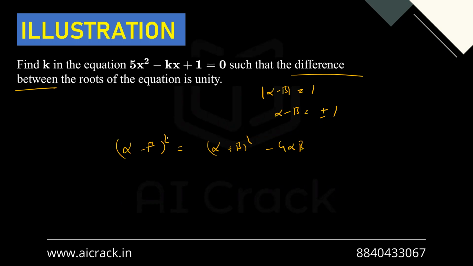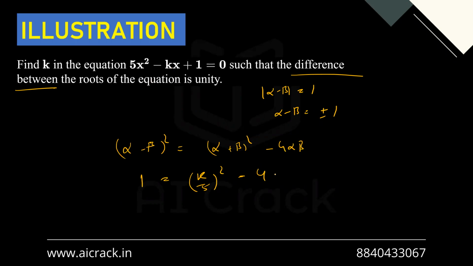And since this is a square, it's not going to matter which sign we are using. So 1 equals alpha plus beta, that would be minus of minus k by 5, right? Because we have minus of b by a. So that becomes k by 5 square minus 4 times alpha beta.